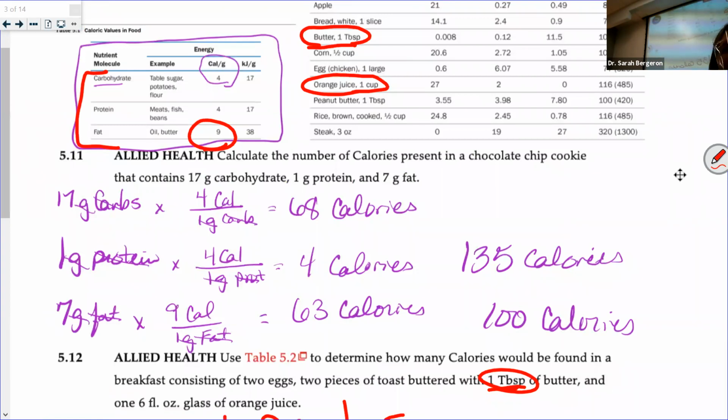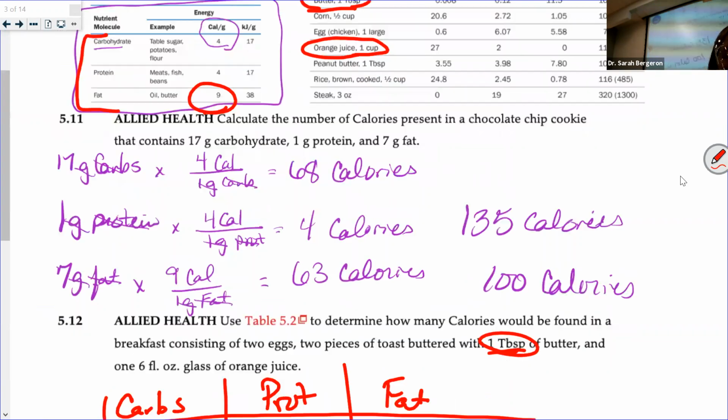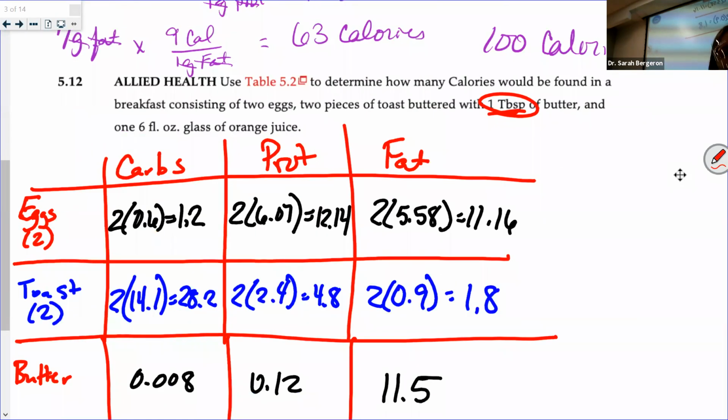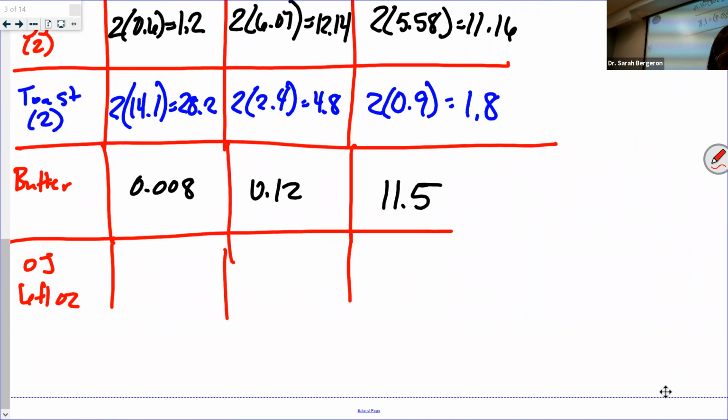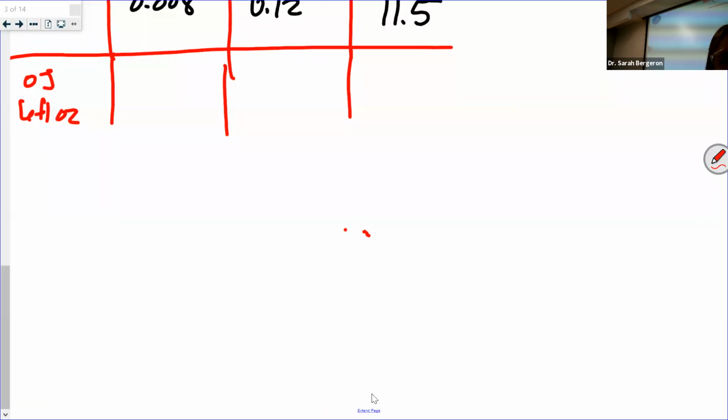My units aren't the same. The table gives cups, and I only know that I drank it in ounces. So what am I going to do first? Trying to extend the page so I get a little bit more room. There we go. I need to do a conversion.